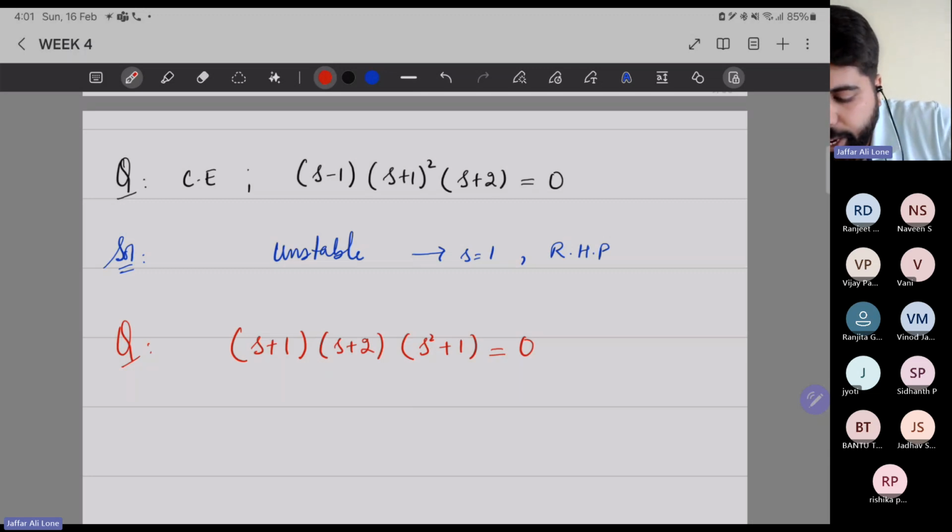Are there any sign changes in the Routh array? In the Routh table, is there any sign change? Or in other words, if I have to ask how many poles are there in the left half, in the right half, and on the imaginary axis?